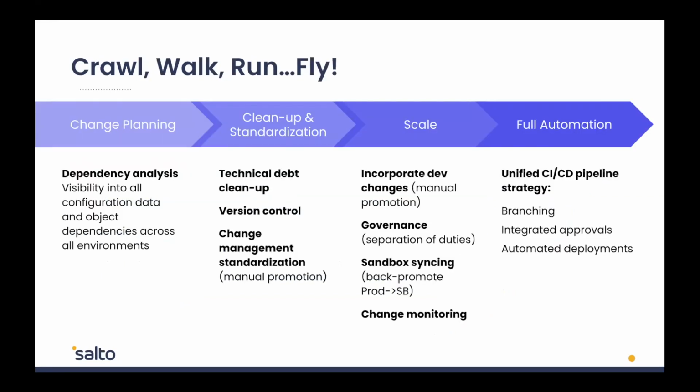So the constant crawl, walk, run, and if anyone grows wings, you might be flying by the end. You can see we'll get to full automation, which is the holy grail of DevOps. But today, with Salto, with the native tools, looking at dependency analysis, so looking at your changes and the impact of your changes before you make them is key.